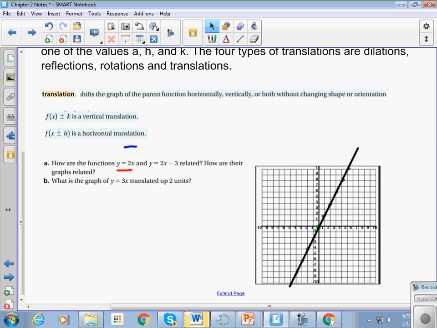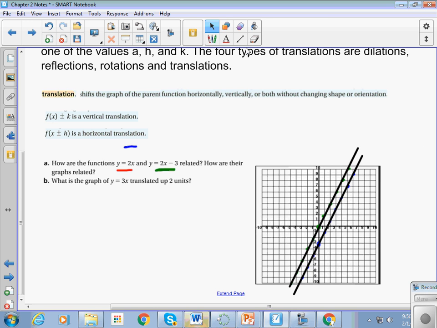All right, and then my next line, y equals 2x minus 3. I know that the y-intercept is at negative 3, and that the slope is up 2 over 1. And for time's sake, let's just make a copy of this line and throw it down.